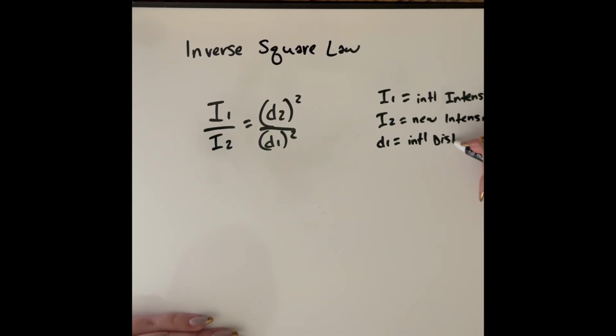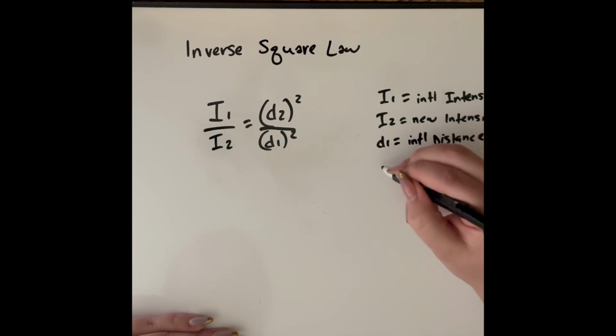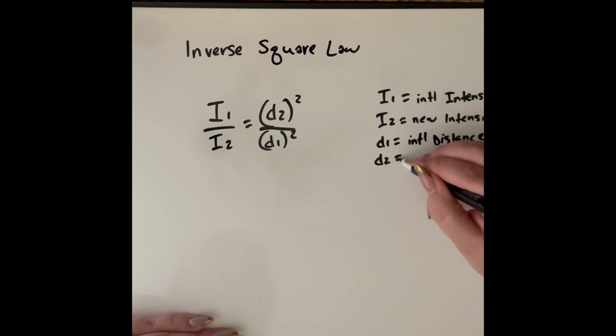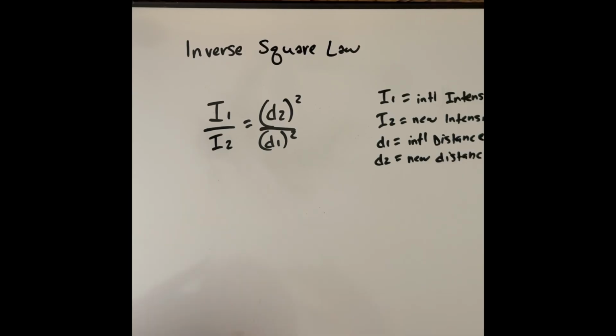And our D2 is our second distance or the change in the distance, new distance. So if it says, hey, we're starting at 40 inches, that would be our first distance or our initial distance, and then we're going to 72 inches or we're going to 20 inches. Whatever the second distance they give us in our math problem is, that's our D2.